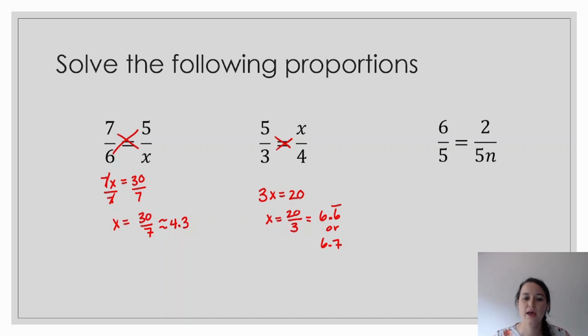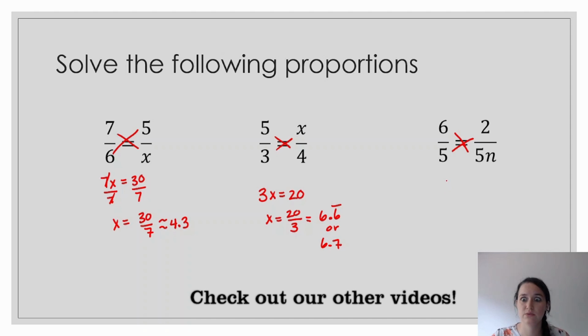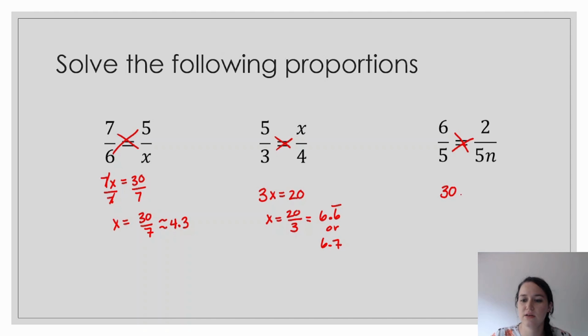And then this last one's a little different, especially if you're not as familiar with working with equations. If you do need assistance on that, we're going to come out with videos on that very soon. So we've got 6 times 5 n, so there's 30 n, because 6 times 5, and we just bring the variable with us, and that is going to equal 10.